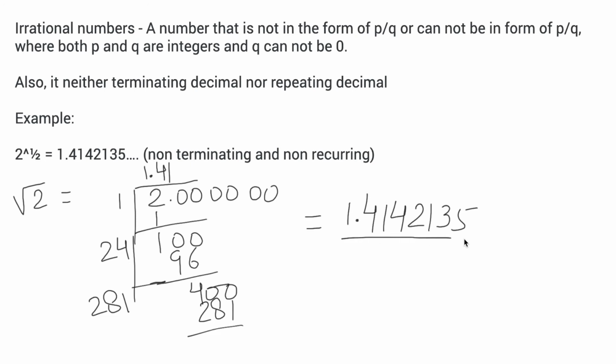So this one is called an irrational number, or in a simple way you can say the square root of any prime number is an irrational number. But again the condition remains the same: it cannot be written in the form of p by q, where p and q are integers and q cannot be 0. Also, neither is it a terminating decimal nor a repeating decimal. Okay.